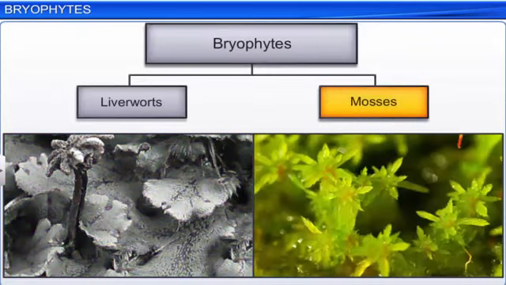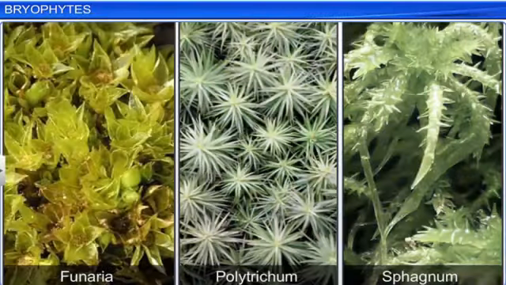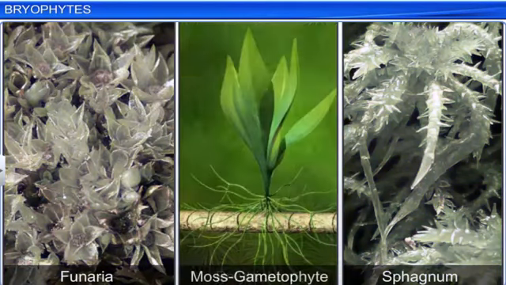Mosses are another type of bryophytes. Funaria, Polytrichum, and Sphagnum are some common species of moss. A moss undergoes several stages in life, wherein the gametophyte stage is the most predominant one.